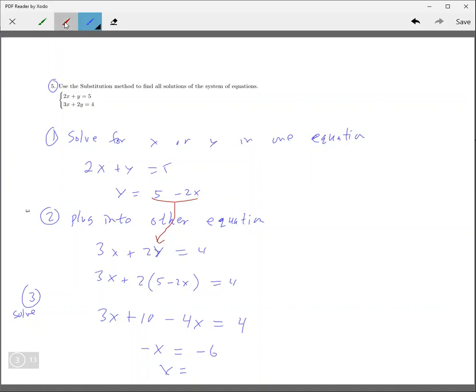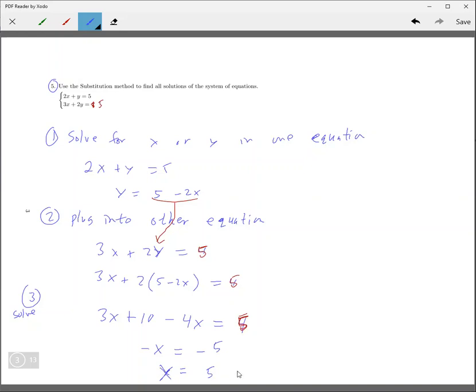I copied this down wrong. This should be a 5. Okay. So these are 5s. Which means that that's a -5. So x is 5. Okay, so x is 5.